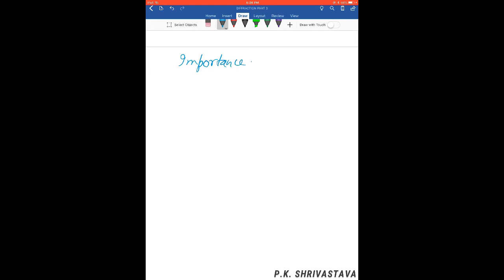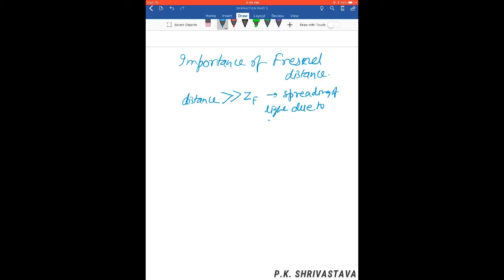Importance of Fresnel distance. For distances greater than Fresnel distance, the spreading of light due to diffraction dominates over that due to ray optics, that is straight path.